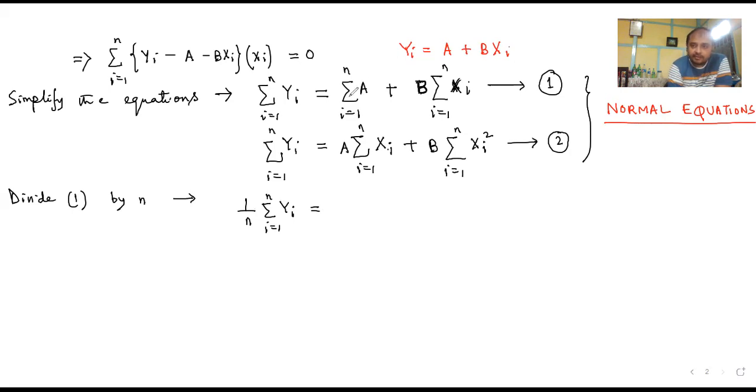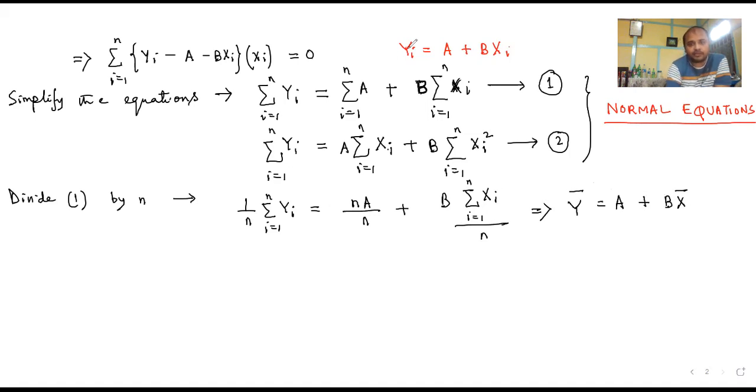This quantity is na, which divided by n gives a, and here we will write b times summation of xi, i goes from 1 to n, divided by n. From there we can write it as y bar is equal to a plus b x bar.